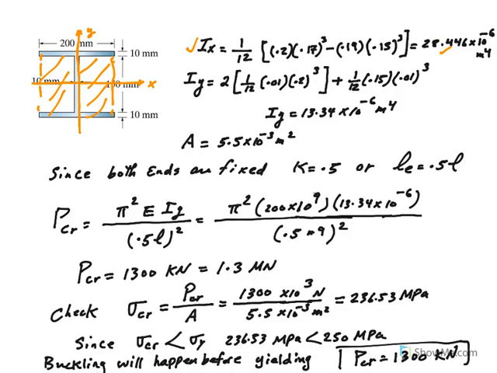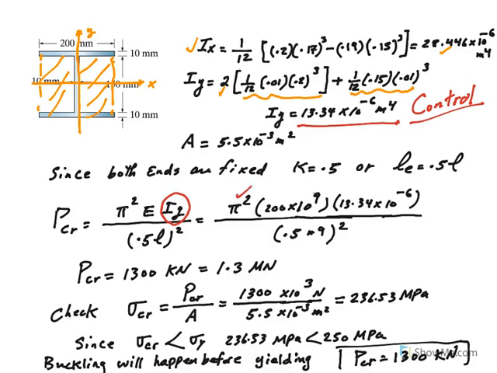And for I sub y, we have two identical flanges. For the flanges, we have this, and for the web, I sub y becomes that. But look, I sub y is smaller than I sub x, right? So this guy will control. So I sub y is going to be used. Remember, in this equation, the critical load equation or the Euler equation, always use the smallest moment of inertia.